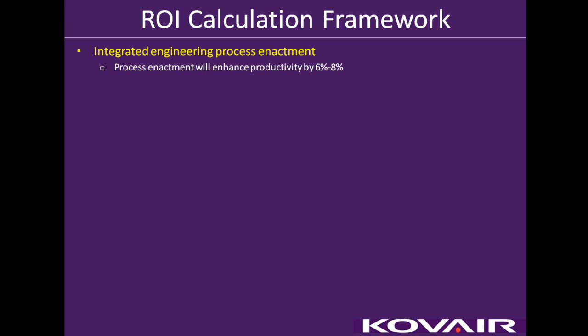First of all, you can do an integrated engineering process enactment, and this will actually give you an enhancement of productivity of 6 to 8%. These percentages are typically from a number of different ways of looking at the process, and this will give you about 6 to 8% from the before and after.